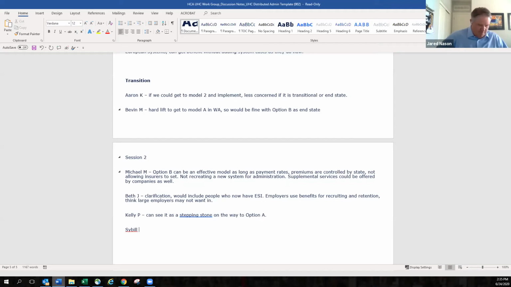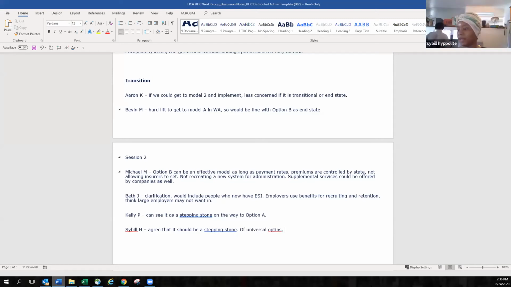Okay. I would agree with Kelly. I think if this plan were to be used, it should be as a stepping stone. And I would say for both of the universal options, from a labor perspective, benefits are really important to us. We've spent decades fighting for good health benefits.